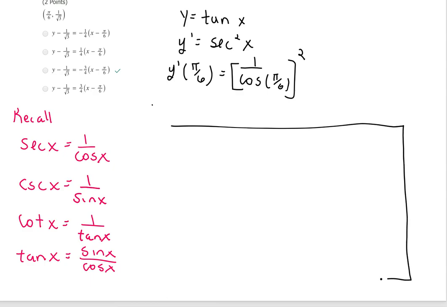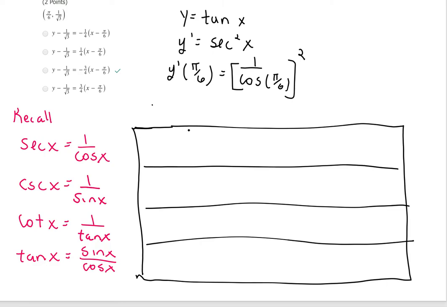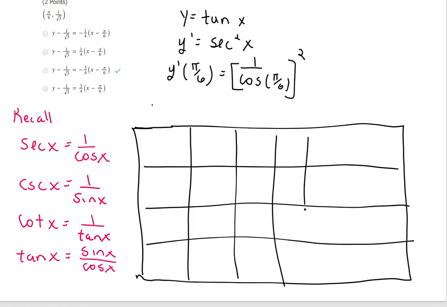Now this works for the first quadrant angles, and then you can use your reference angles for the rest of them. So I want to look and find my, got a little big there.